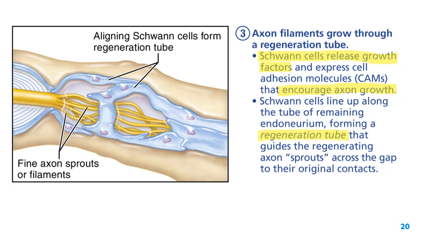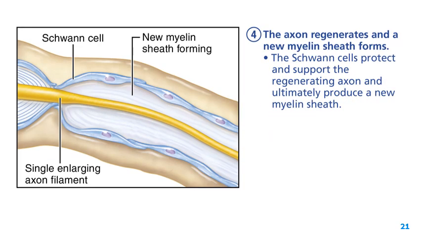But after you get axon regeneration, you're going to have to retrain your peripheral neuron on how to respond to signals. So a lot of times you have to undergo physical therapy and a lot of adaptation. Now, this is showing that after you have the regeneration of the axon, the Schwann cells are going to envelop that axon and work properly.